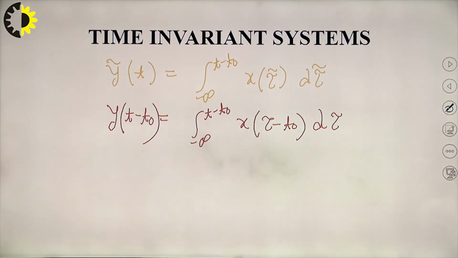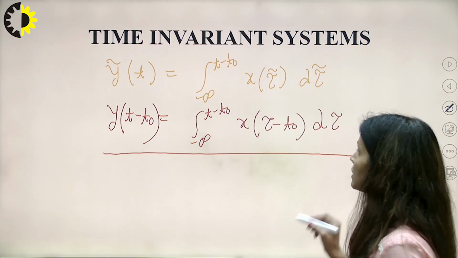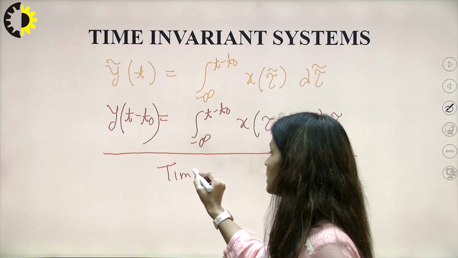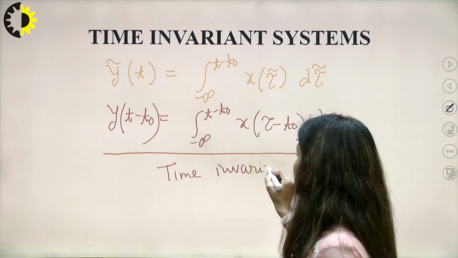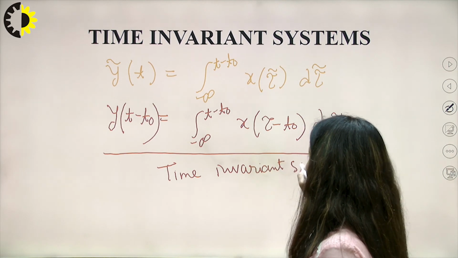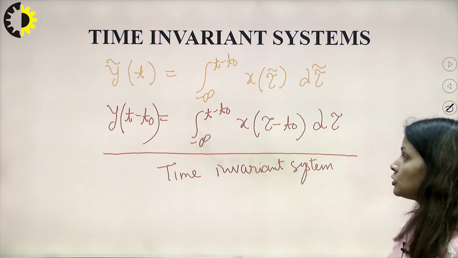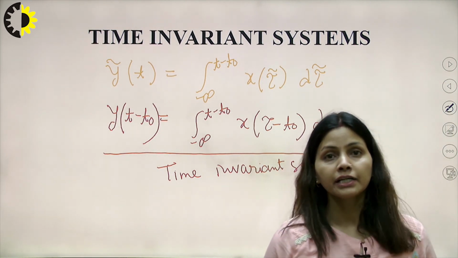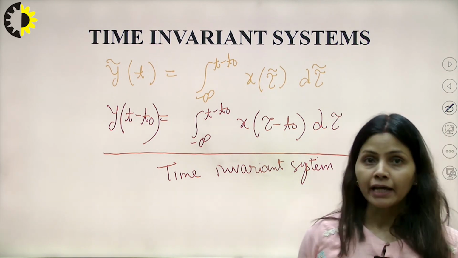So this property states that the system is clearly a time invariant system. We can prove similarly for other time invariance properties of the system. Thanks for this lecture.